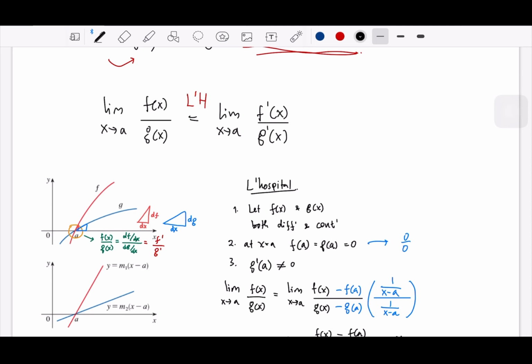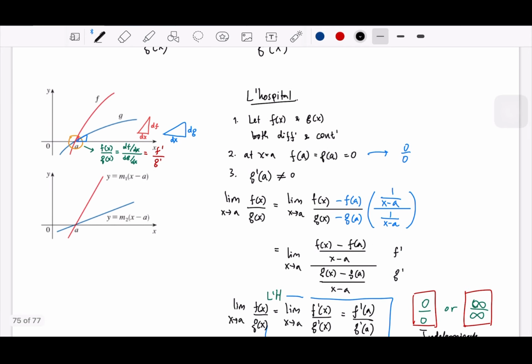Then this form we can rewrite like this, and if you remember, this is the limit definition of the derivative, the first one is for f, the second one is for g.